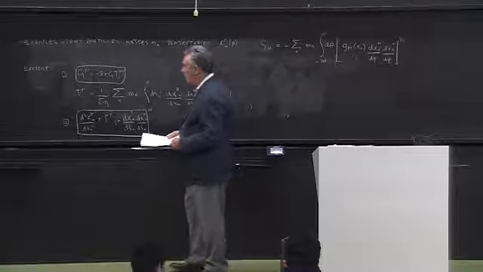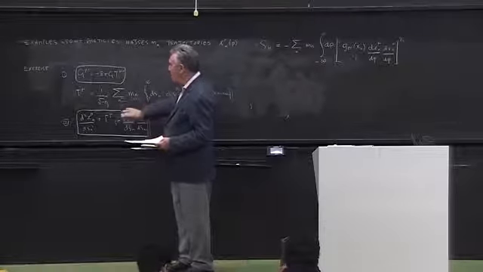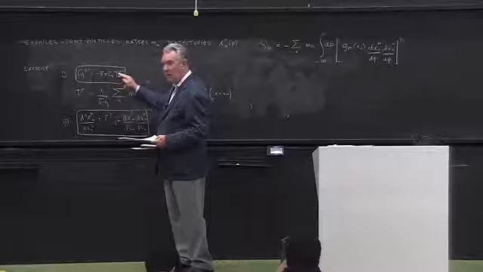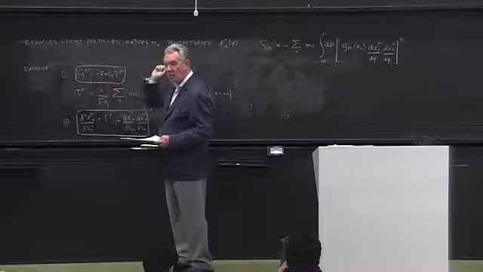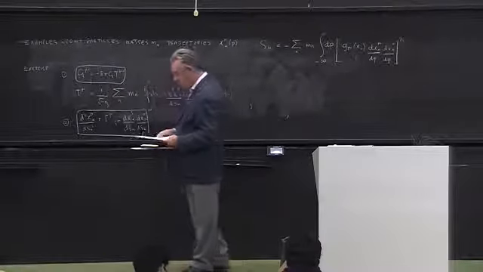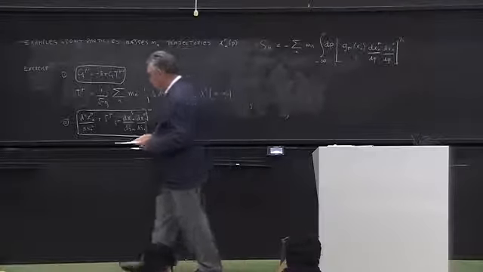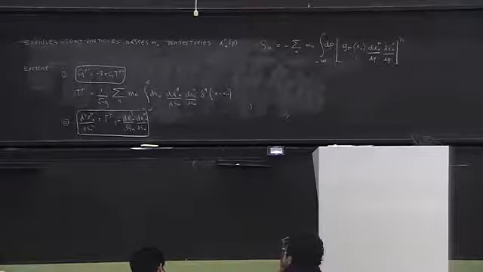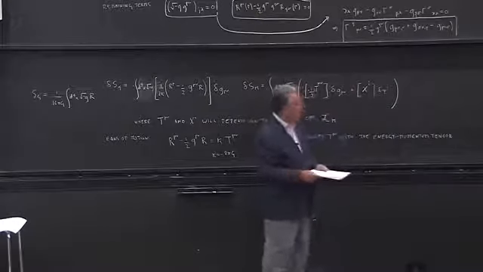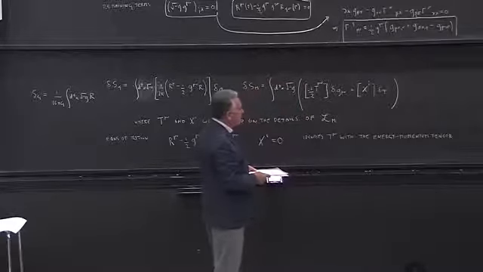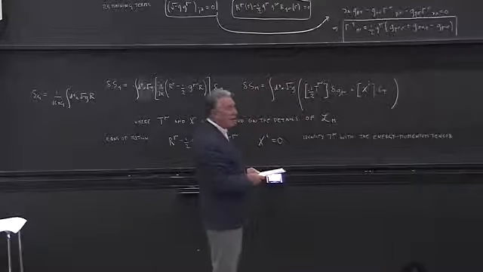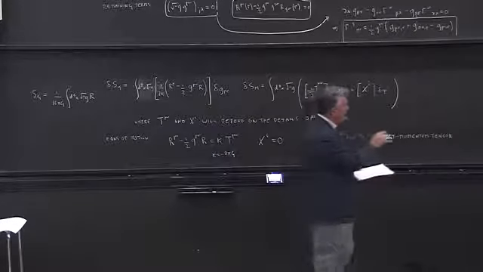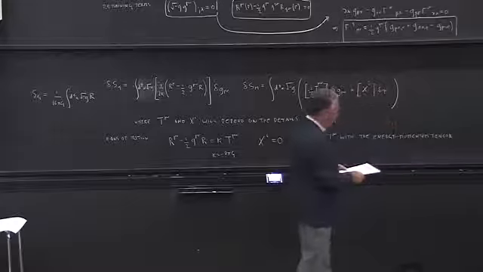But that approximation, where you ignore the back reaction of the matter on the gravity, is called the test particle approximation. We treat it as a test particle and ignore the reaction back on gravity.